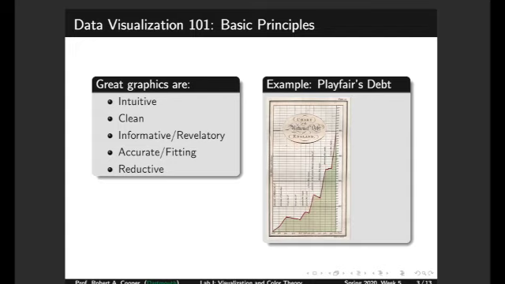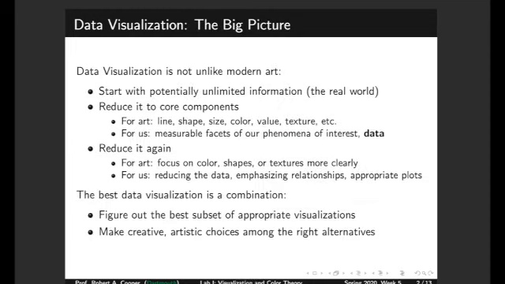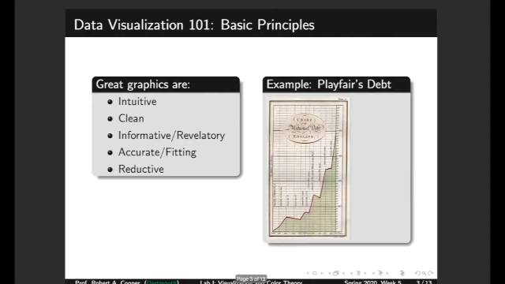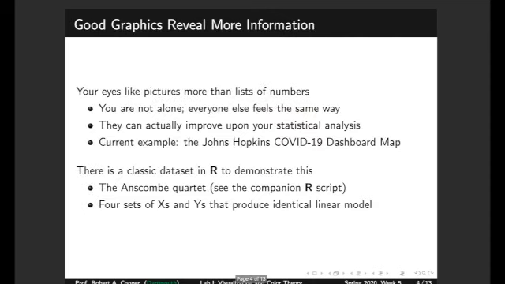The visualization needs to be accurate. You shouldn't be misleading the reader, misleading the viewer of the information that's being relayed. And it should be reductive in the sense of what I was saying before, that you are reducing an incredibly complex world into a few elements on a plot, right?